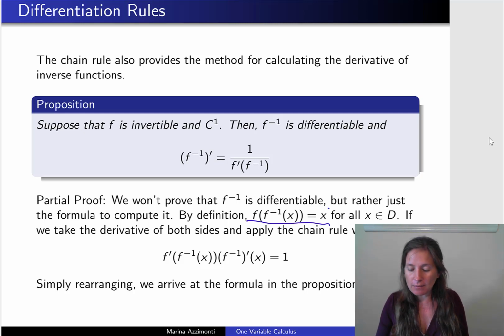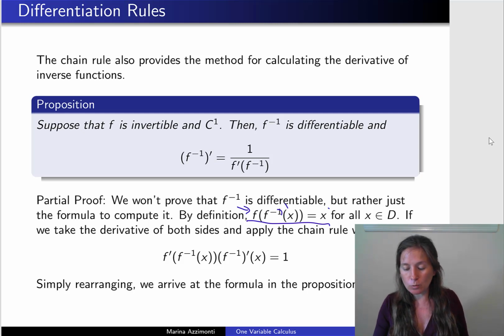Now, if we take the derivative of this function and we use the chain rule, then what is this thing? It is the derivative of f evaluated at f inverse, times the derivative of f inverse evaluated at x. We take the derivative on the two sides. What is the derivative of x? It's just 1.